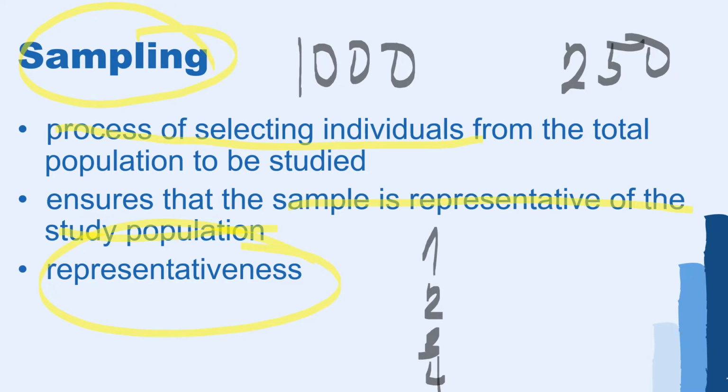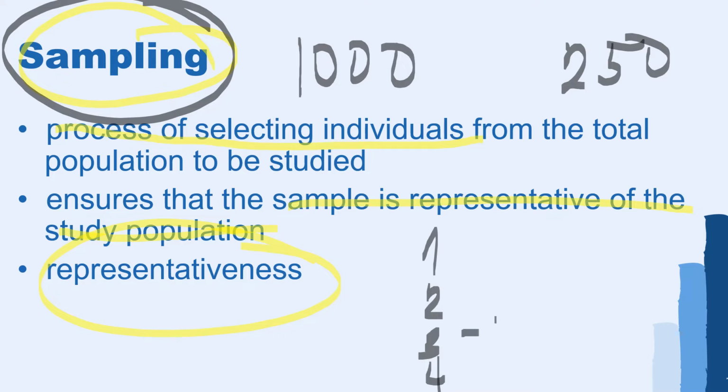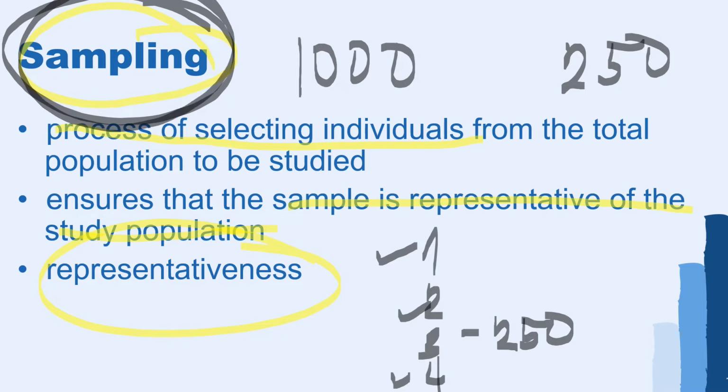If I do not use a sampling strategy, there might be a possibility that I take all 250 from third-year students only because I know third-year students. That would be biased and unfair, because I would not be able to gather information from level 1, level 2, and level 4. So it is your sampling strategy that will tell us the best way to select the sample, to ensure representativeness of the study population.